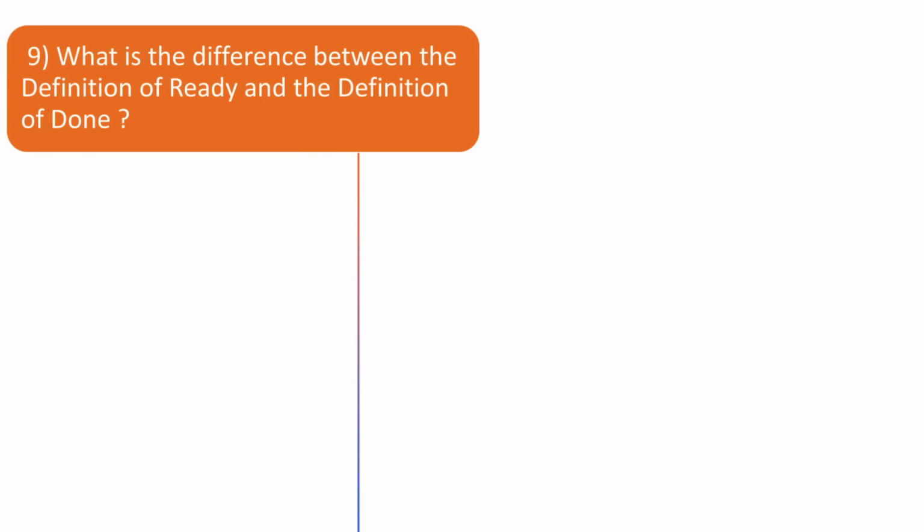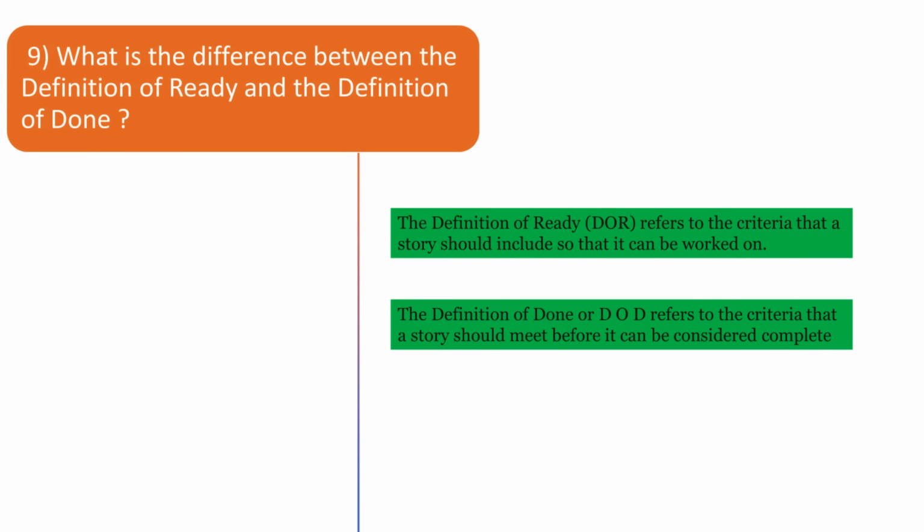The definition of ready, or DOR, refers to the criteria that a story should meet before it can be worked on. For example, the definition of ready may include: the story has a clear title. The story has a description that is understood by the team members. The story is estimated. All reference documents for the story are linked to the story. The story is linked to the appropriate epic. Dependent stories to the story are linked, and more.